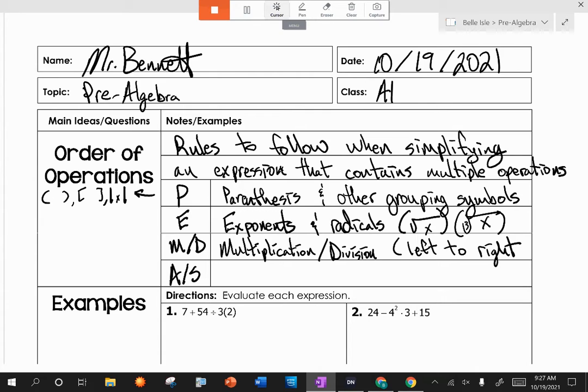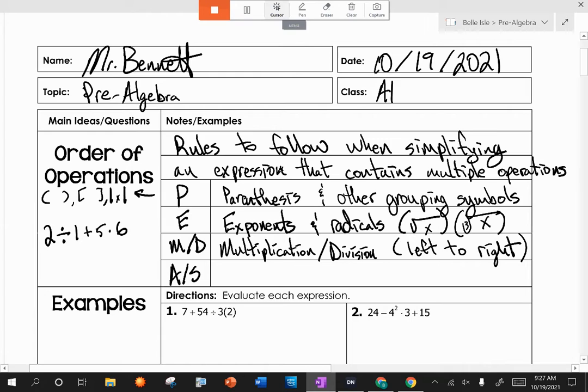Okay, so if I have a problem where I have 2 divided by 1 plus 5 times 6, something like that. Okay, you do those left to right. So I'm not going to do 5 times 6 first. I'm going to do the 2 divided by the 1 first, and then I'll do my multiplication, and then I do the addition after that. Does that make sense? Okay.